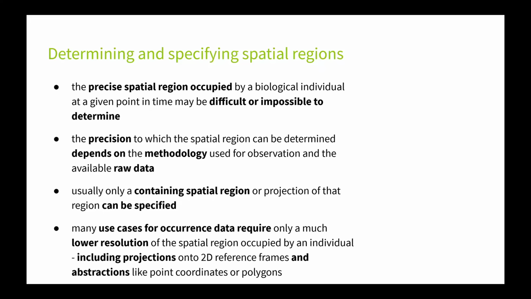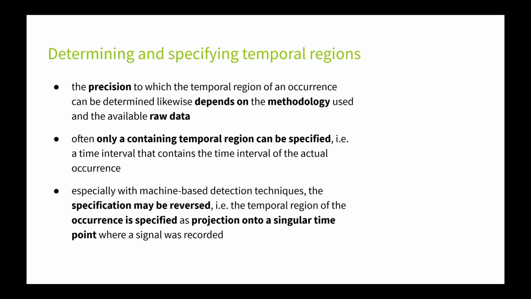For many use cases of occurrence data, this is of no consequence, as they require a specification of the spatial region only at lower levels of resolution, including projections of a spatial region onto a two-dimensional geographic frame of reference, or abstractions like point coordinates or polygons. There are similar considerations regarding the specification of temporal regions for an occurrence.